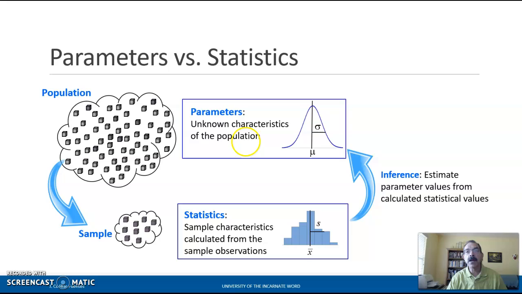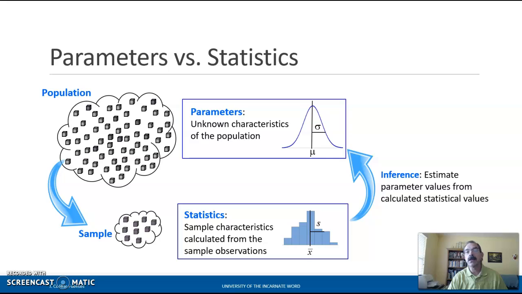Now we're going to use all these three characteristics, shape, location, and dispersion, to make an inference about the population characteristics, which are the parameters. In this case, we're going to try to infer what is the frequency distribution of the population, what is the mean of that frequency distribution, and what is the standard deviation of that frequency distribution.